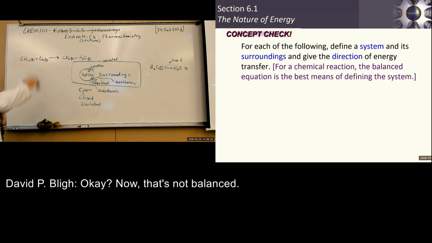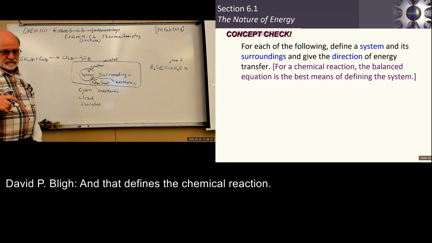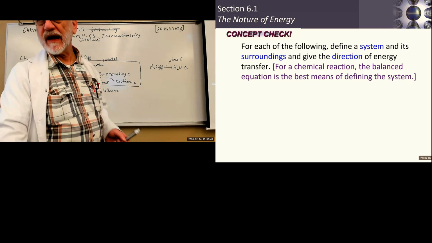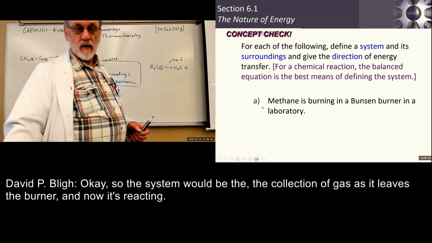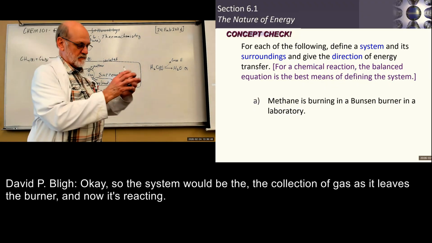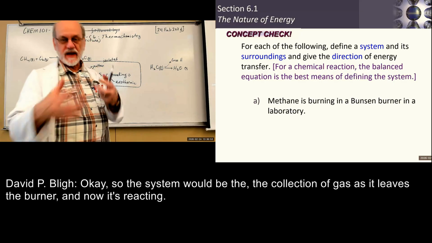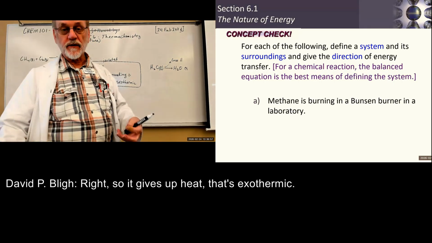Now that's not balanced, but that's what's happening. And that defines the chemical reaction after I balance it. So the system would be the collection of gas as it leaves the burner, and now it's reacting, right? So it gives up heat. That's exothermic.